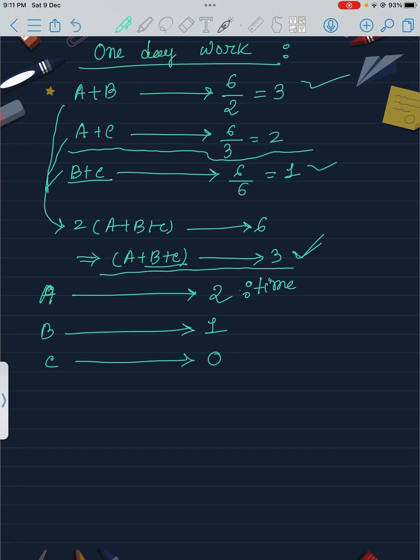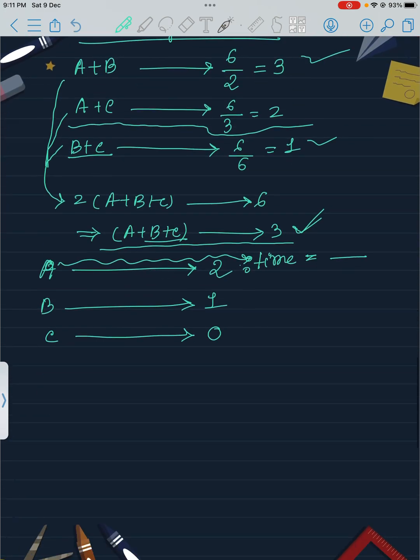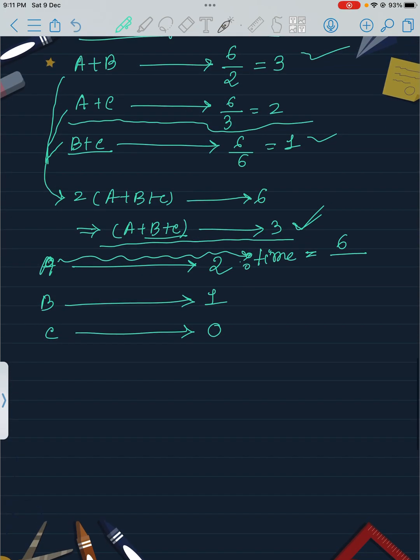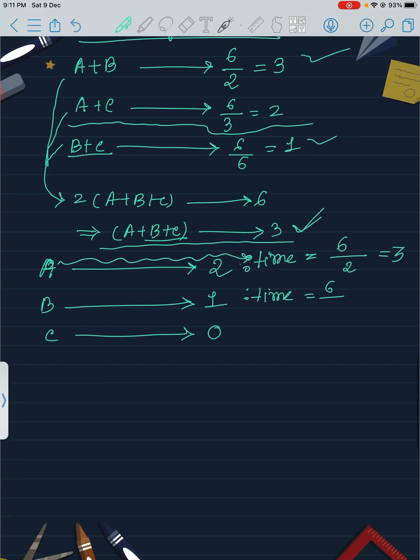A's time: total work is 6, divided by one day work 2, is 3. Time for B: 6 divided by one day work 1.